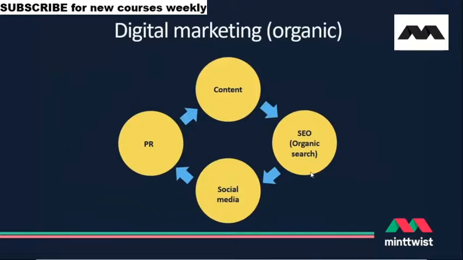So let's talk briefly about the organic channels. There are a whole bunch out there, but the key one is content, everything to do with content marketing. This could be video, podcasts, live streaming, blogs, white papers, and many other things. And content really is the driver for the other organic channels. If we've got great content, we can build a great SEO strategy by marking up that content correctly.